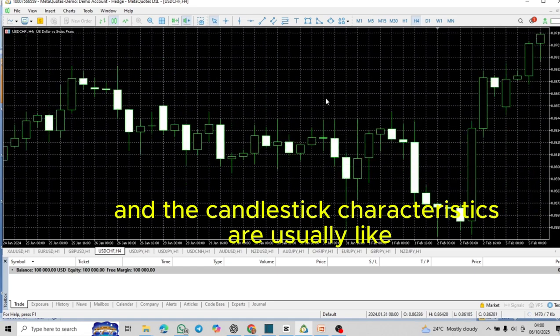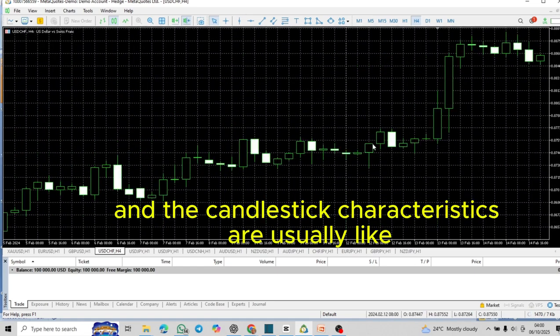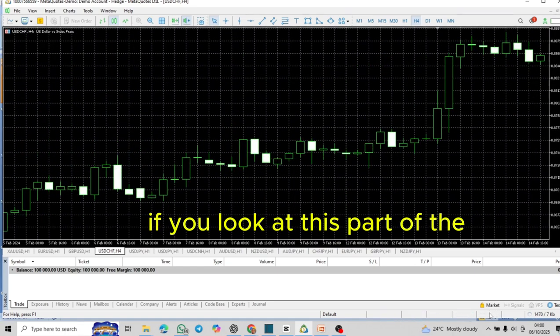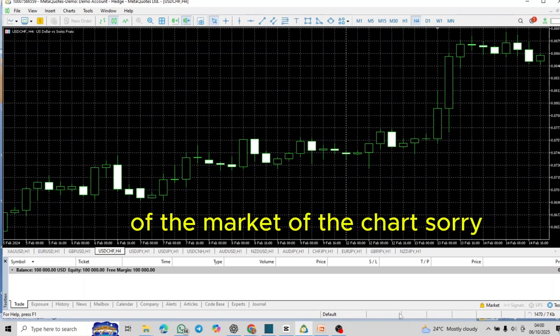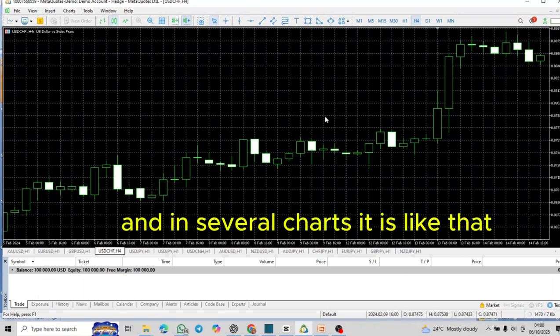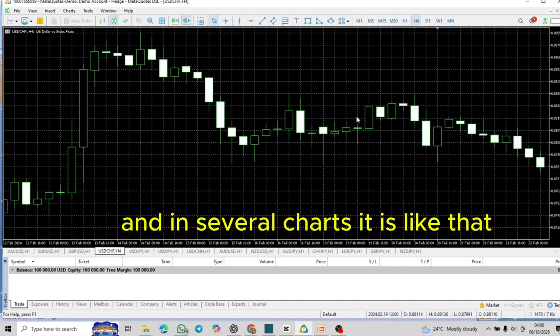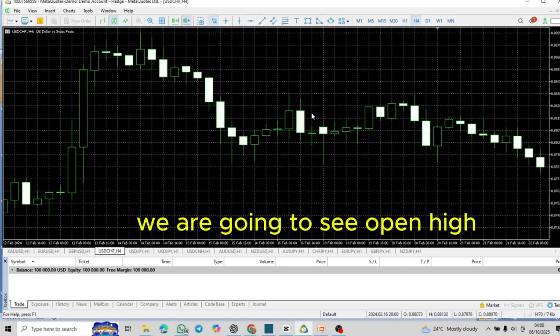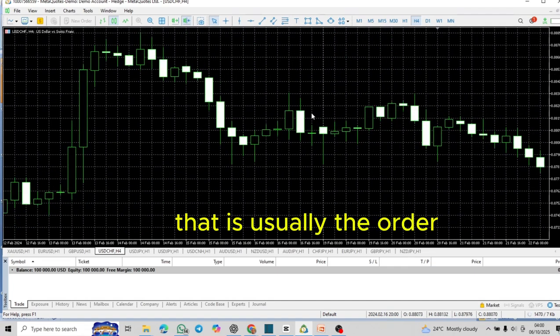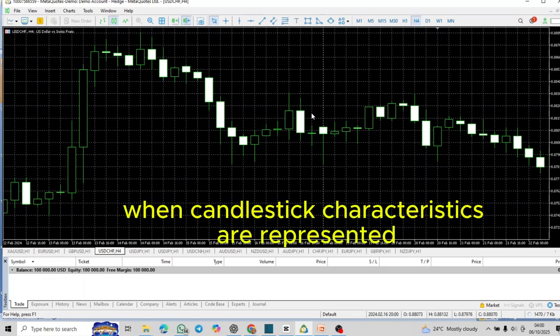The candlestick characteristics are usually, if you look at this part of the chart, and in several charts it is like that, you are going to see open, high, low, close. That is usually the order when candlestick characteristics are represented.